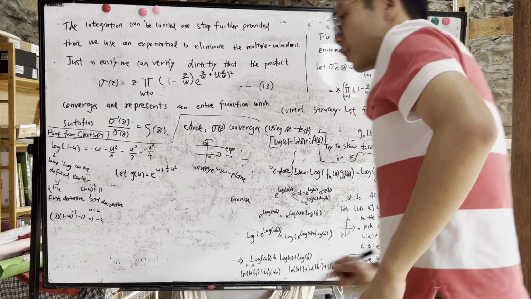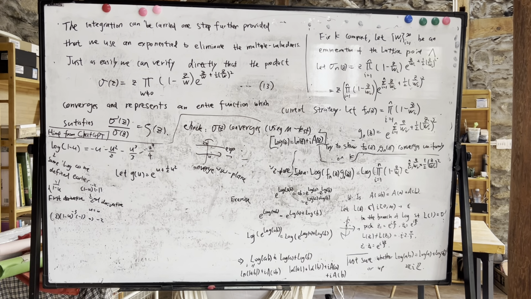Okay, so let's see, can we still work on this one even without assuming this property? I think maybe we have to encounter some add or subtract of a 2 pi i, right?